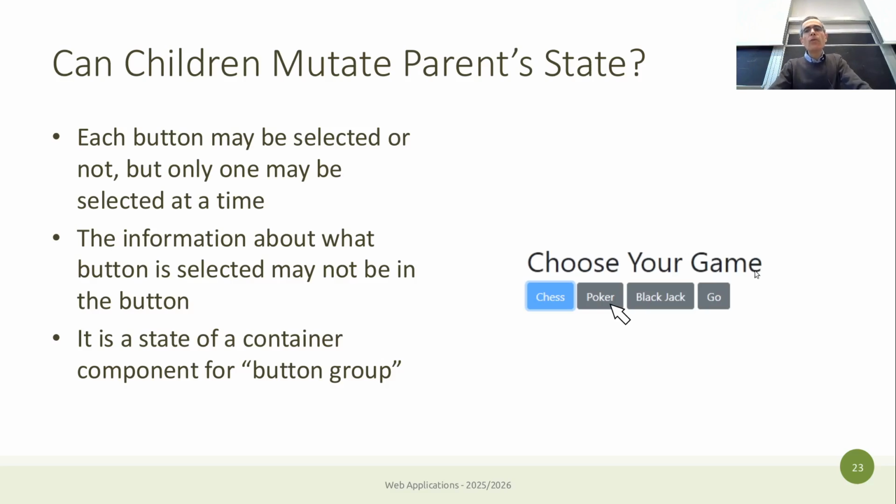Think of the case you want to design a group of buttons. We are designing buttons because they are easy. You can click them, right? And these buttons are mutually exclusive. So if you press one, the others need to be deselected, okay? So one is selected and the others are not selected, okay? So, of course, you have 4 buttons, 4 components.